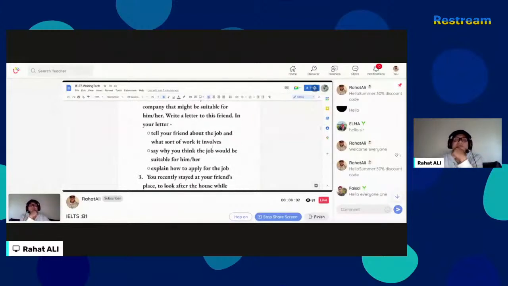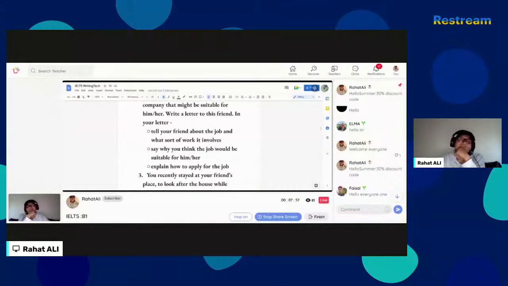In a letter, you tell your friend about the job and what sort of work it involves. So why you think the job would be suitable for him or her. Explain how to apply for the job.